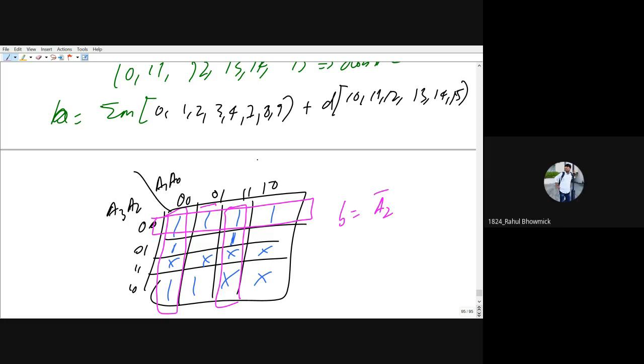Okay. So we can form an octet there with 0, 1, 2, 3, and 8, 9, 10, 11. So this will not be there. Yes, sir. Okay. So this will be equal to A2 bar plus A1 bar.